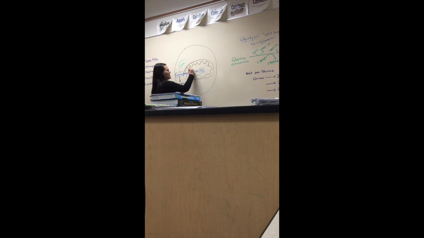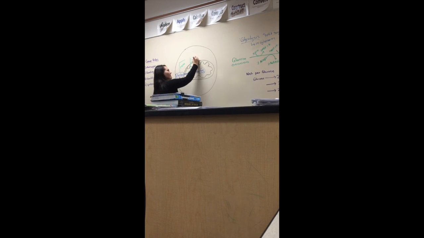Did I have any NADH produced from this? Yes. How many NADHs? 2. Okay, I'm just going to bring those over for now. We'll connect those. Any questions on glycolysis or pyruvate oxidation? Any questions on anything that's on the board so far?